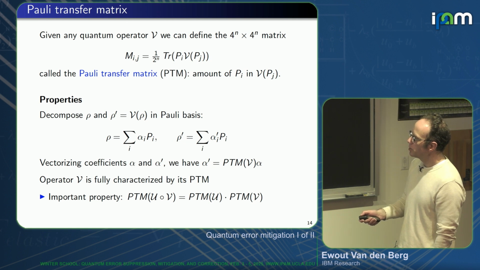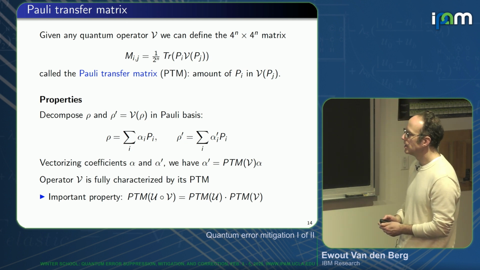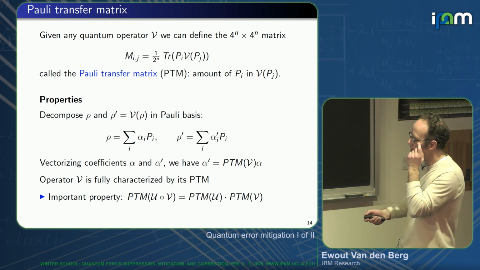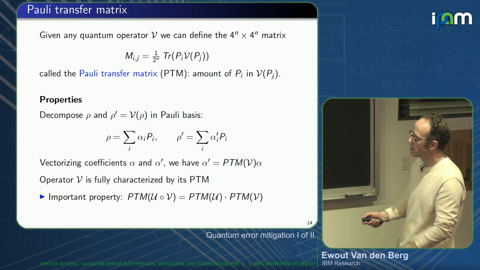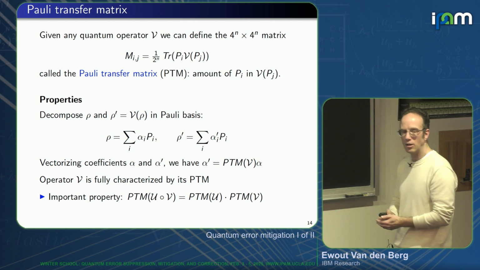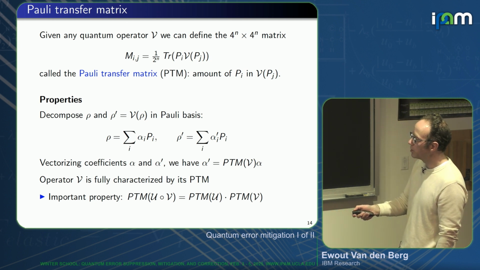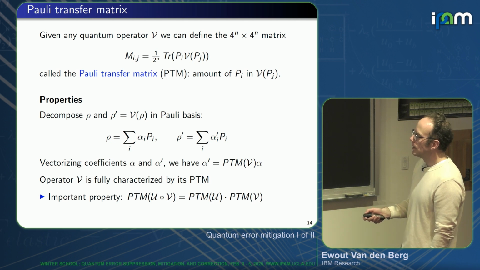If we have two states, rho and the application of the operator on rho, and then we vectorize the matrices, first we express rho as a sum of Paulis because they are a basis for Hermitian matrices. We can do the same for rho prime.